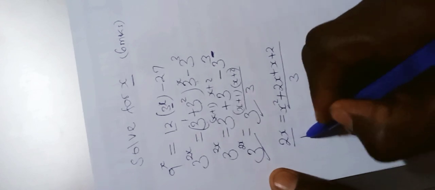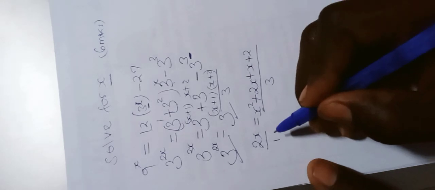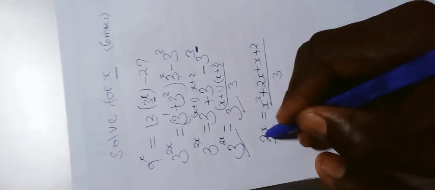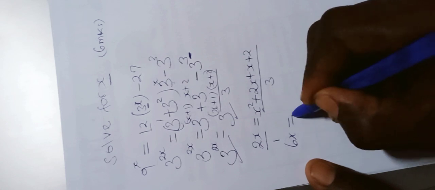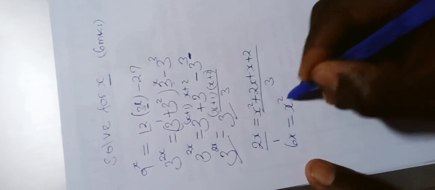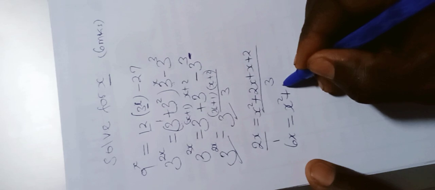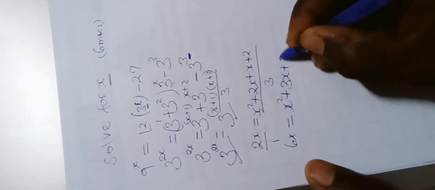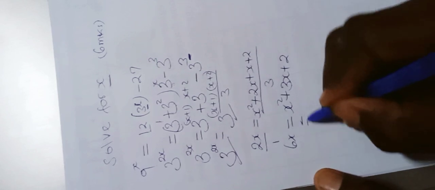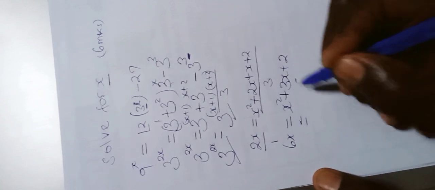This one we can say 1, so that we have a good picture. So if we cross multiply here, we are going to have 6x is equivalent to x squared plus this, we are going to have 3x plus 2.